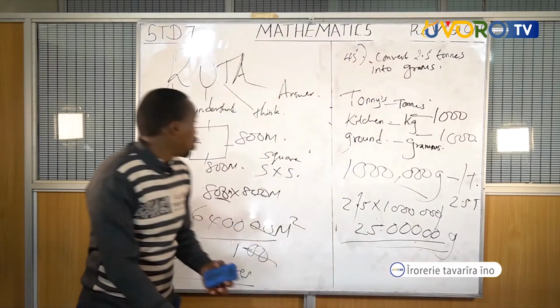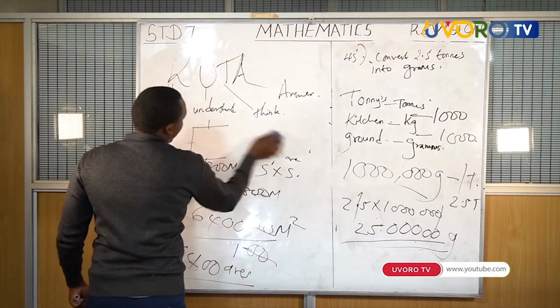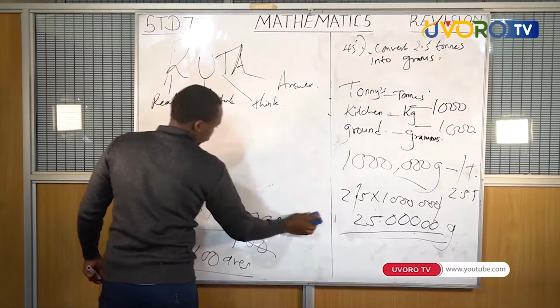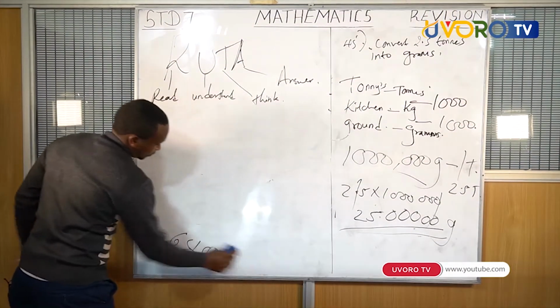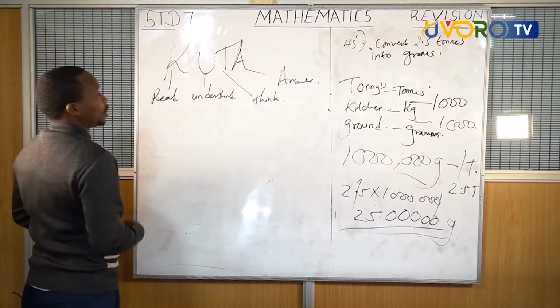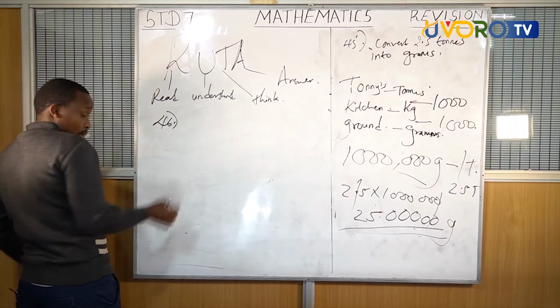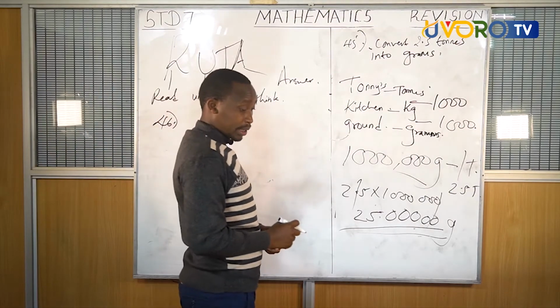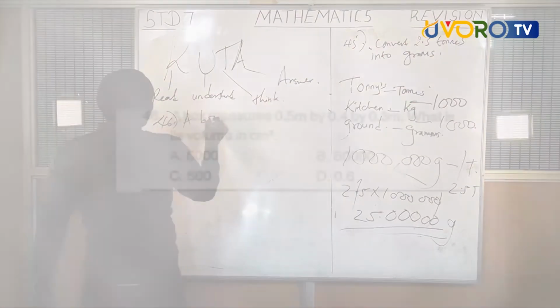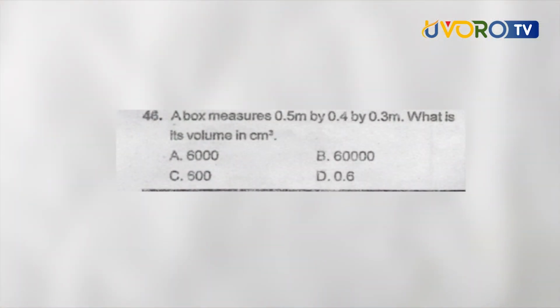Question number 46. You are asked, a box measures 0.5 meters by 0.4 meters by actually 0.3 meters.